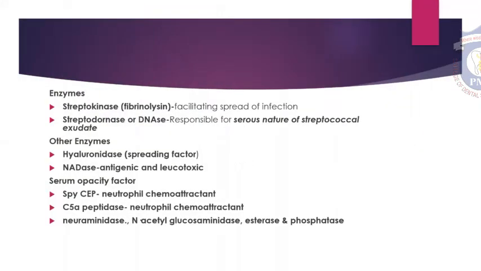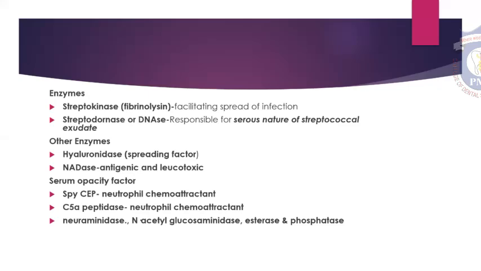Next, we are going to discuss the enzymes. What are the enzymes responsible for the pathogenesis? The primary important one is streptokinase, otherwise called fibrinolysin, which facilitates the spread of infection. Streptodornase or DNase is responsible for the serous nature of streptococcal exudate. Other enzymes include hyaluronidase, which is a spreading factor.